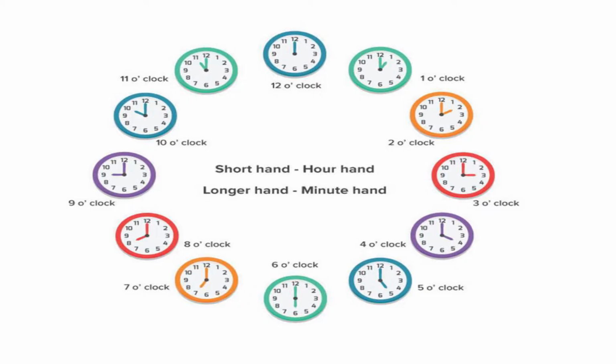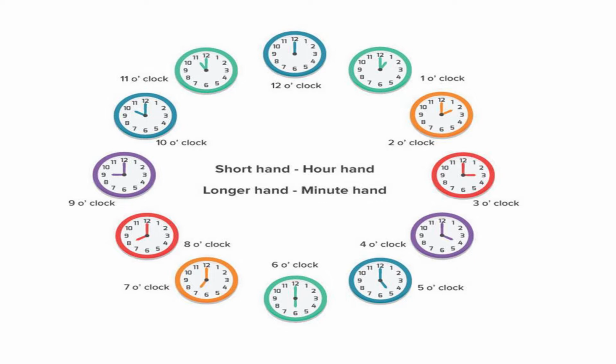Look on the screen, let's look at the time. So we're going to start with 1 o'clock, where the hour hand is pointing at the number 1 and the minute hand is at the number 12. Now, the minute hand is going to stay on the number 12 as we read the different times going all the way to 12 o'clock.